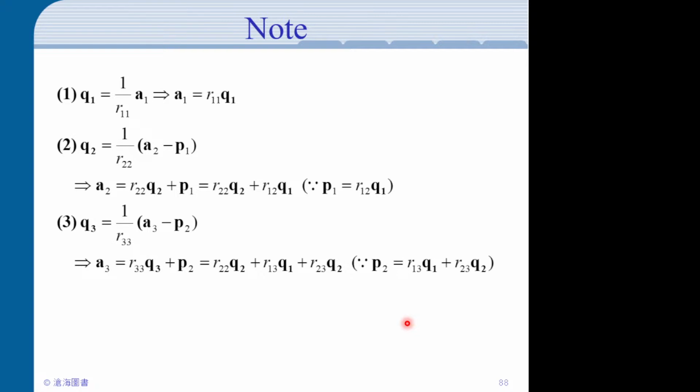Okay. And here is some note. Here we are expressing everything backward. So we say A1 is R11 times Q1, A2 is some coefficient times Q1 plus some coefficient times Q2, and A3 is some coefficients times Q1, Q2, Q3.